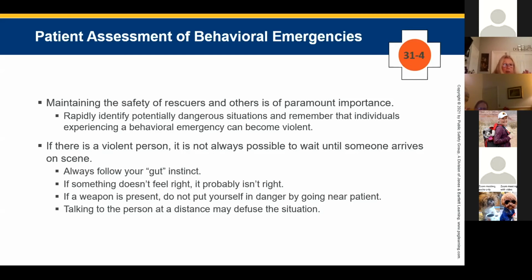We all have a gut instinct. Some of us say we do, some of us just sort of brush it off and say, oh, I thought that, but I wasn't too sure. So go with that. If something doesn't feel right, it's probably not right. If a weapon is present, do not put yourself in danger, which we know already, right?